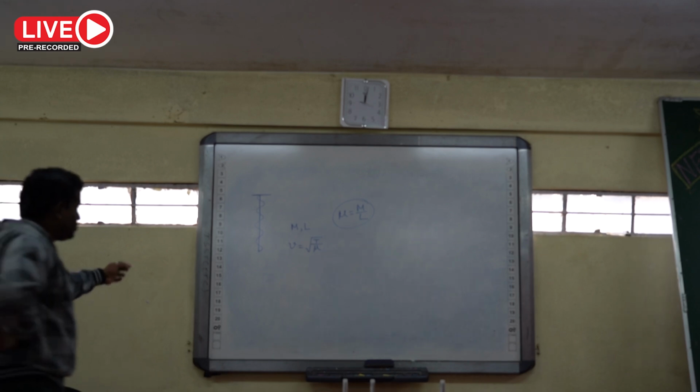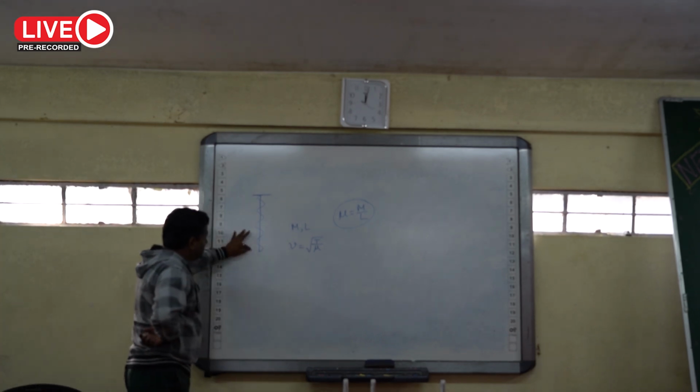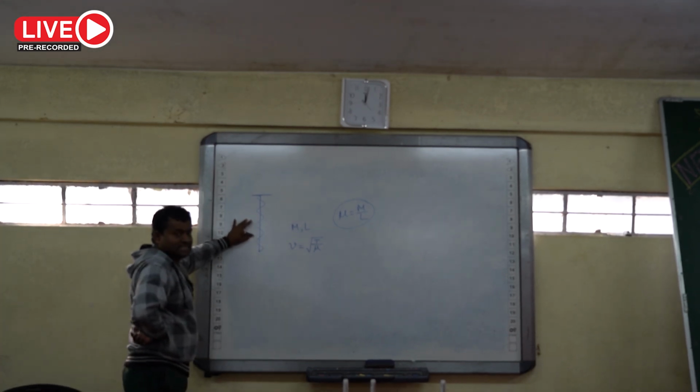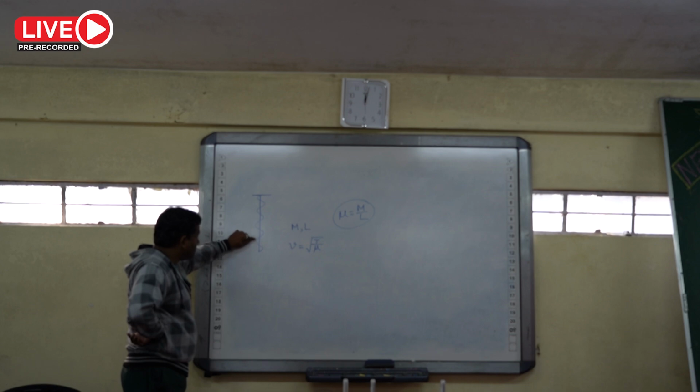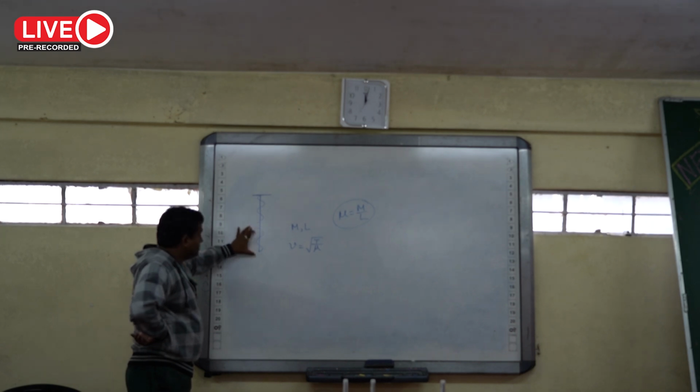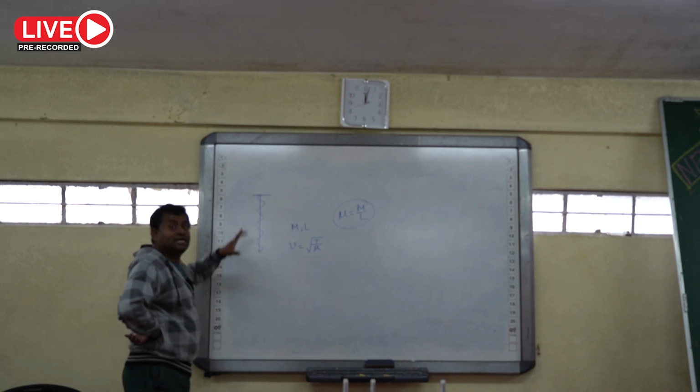Suppose from this point the wave travels a distance x. For that you have to consider T, because at different points the tension will be different, because as the wave moves up, the tension is for the remaining length. So the tension for the remaining length will change.